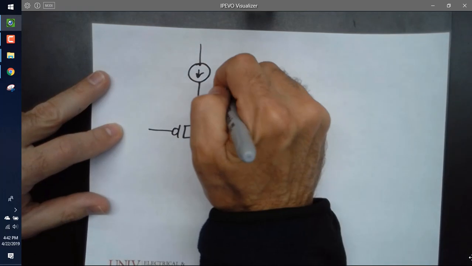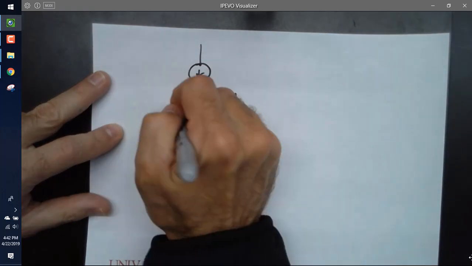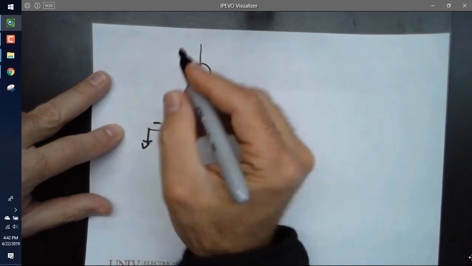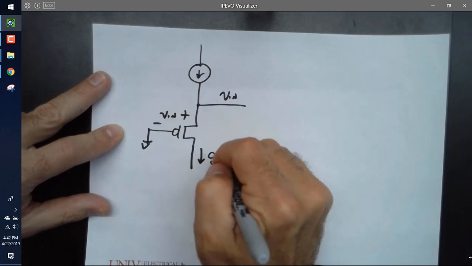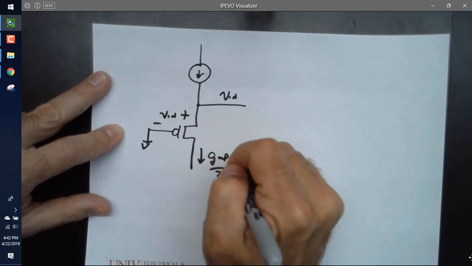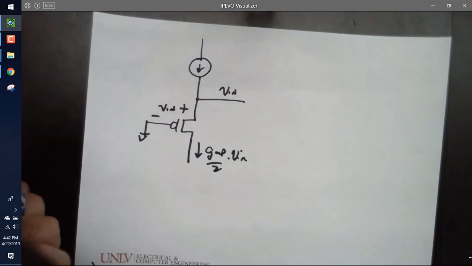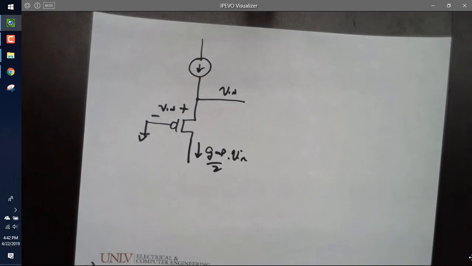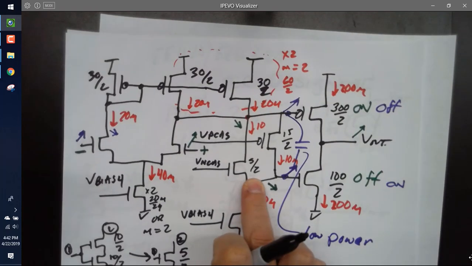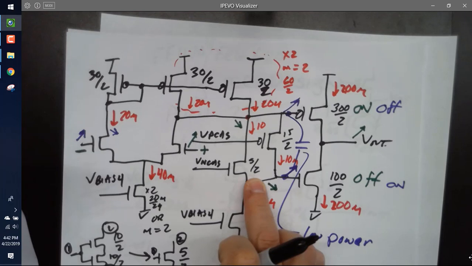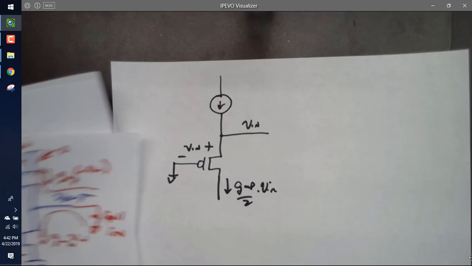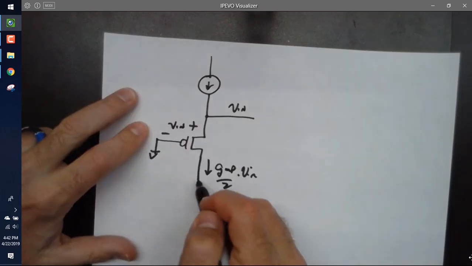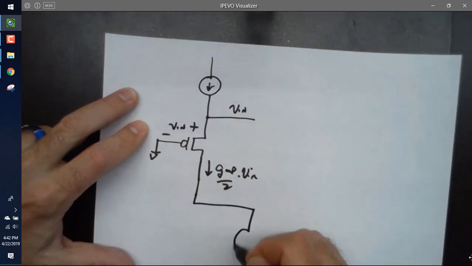So I'm going to call this once again VN. This is AC ground because it's a bias voltage. This is VN. And the current that flows there is GMP over 2 times VN. Why is it over 2? Well, remember when I sized this, it halves the GM. All right, that goes over here to a current.